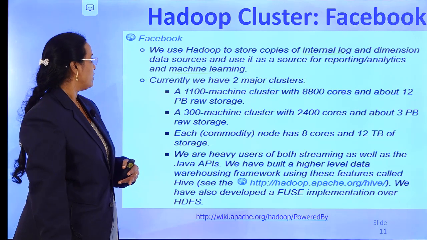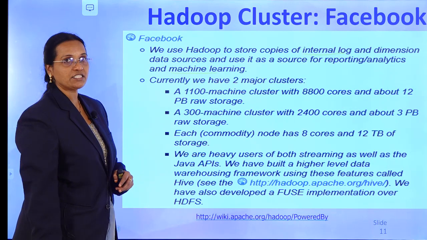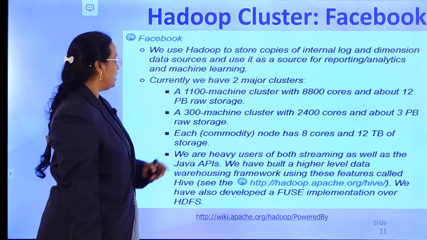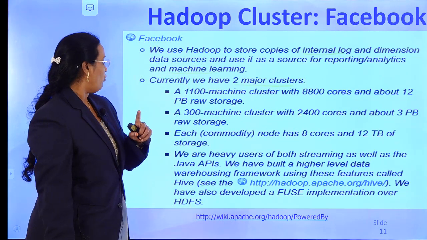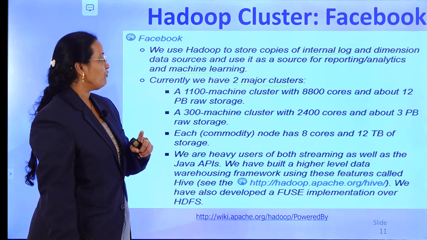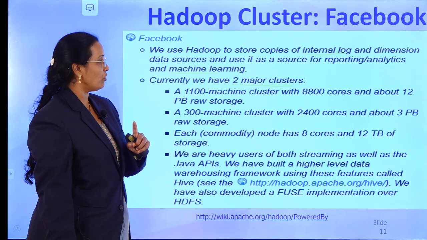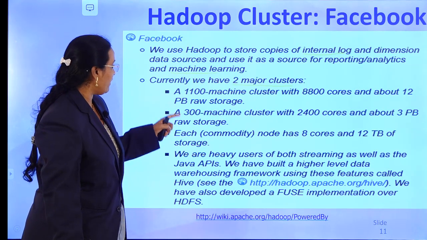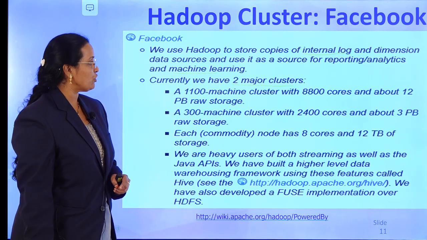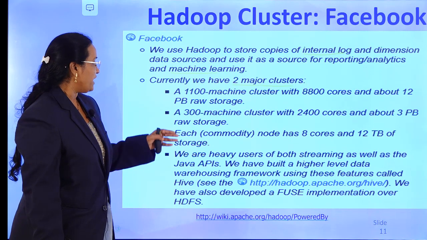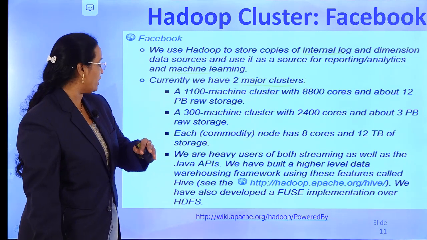So Facebook is making use of Hadoop to store copies of internal logs and to perform analytics. And right now they have 2 major Hadoop clusters. One is a 1100 machine cluster with 8800 cores and about 12 petabytes of raw storage. And another is a 300 machine cluster with 2400 cores and about 3 petabytes of raw storage. And each node has 8 cores and 12 TB of storage.